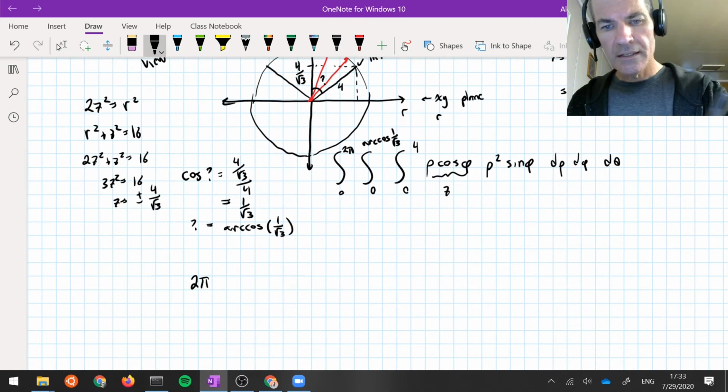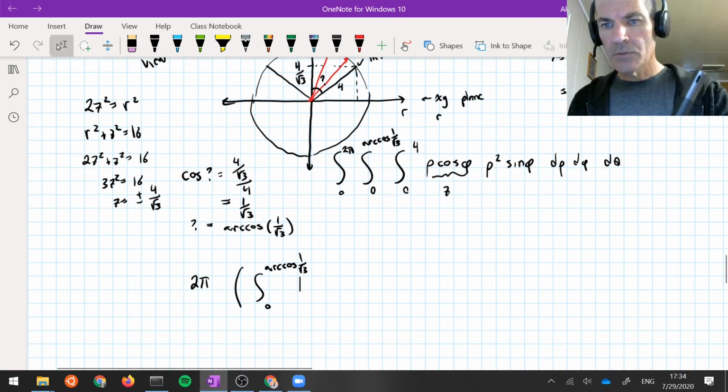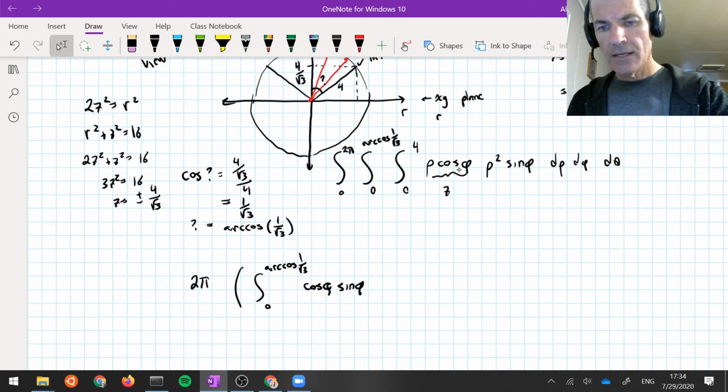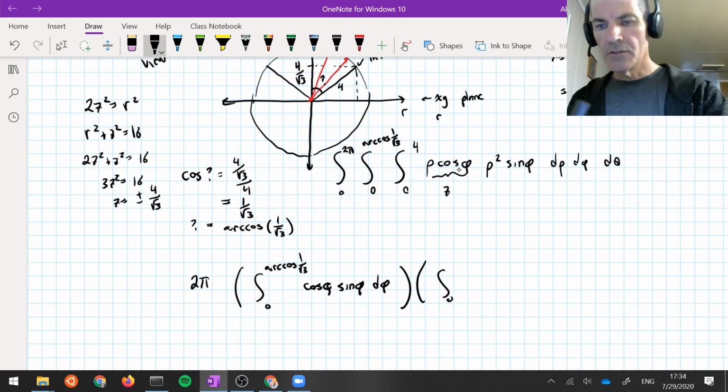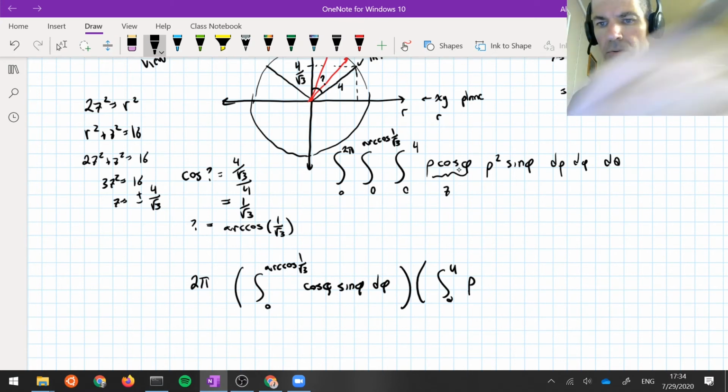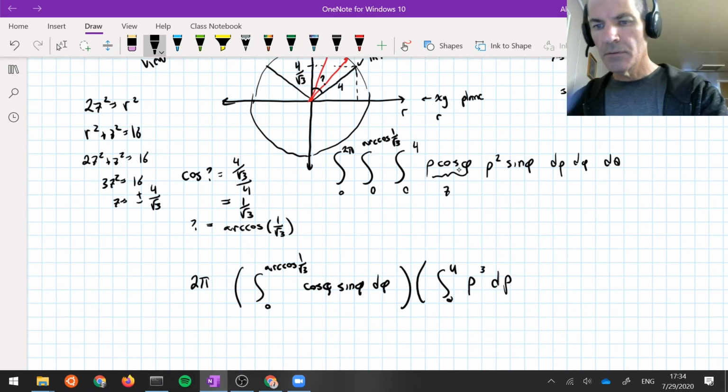So we get theta, we get 0 to arc cosine 1 over root 3. What's that going to be? Cosine phi, sine phi, d phi, times 0 to 4 rho cubed d rho.